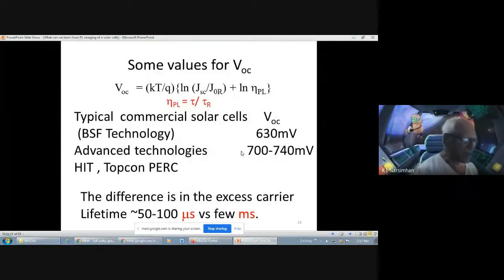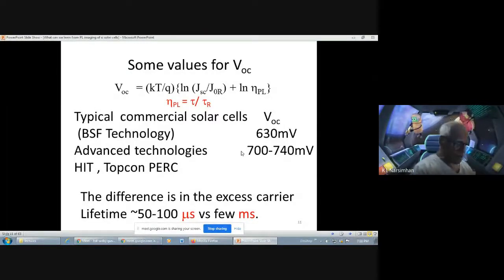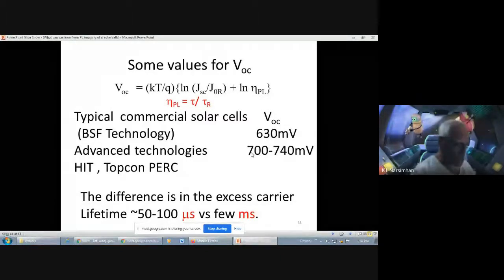I wanted to give this as an example to tell you why people who do solar cell work are so focused on the lifetime, because the lifetime determines the efficiency of the cell. And you can see it's a huge difference in voltage: you can get another 100 millivolts just by improving the material quality.